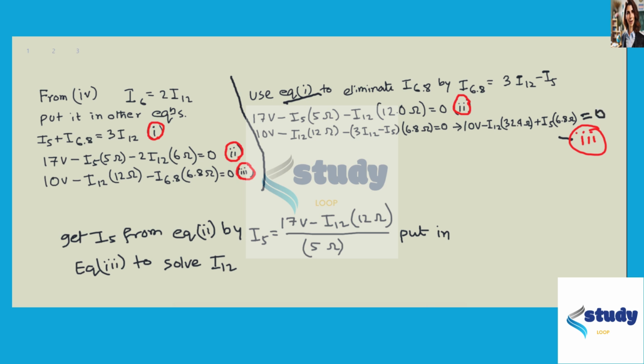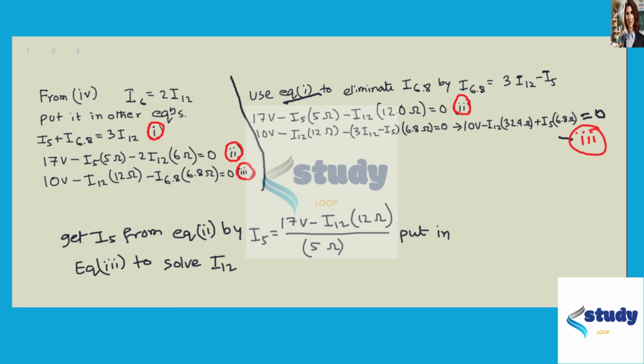Right, so then this is our third equation, this is our second equation. Now we see that we only have I5 and I12 in both of the equations. So we found an expression for I5 from the second equation, and we got rid of our first equation. Now from the second equation, we write I5 in terms of I12, and we substitute that in equation 3.